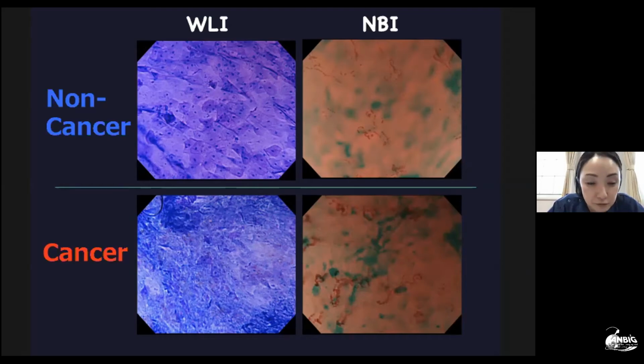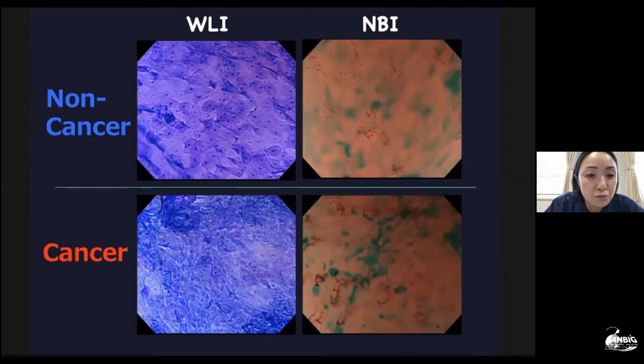In the left picture, it is the maximum magnifying power, and in the right 2 pictures, we lowered the magnifying power a little bit, and you may focus on the IPCLs in the intraepithelial area like this.